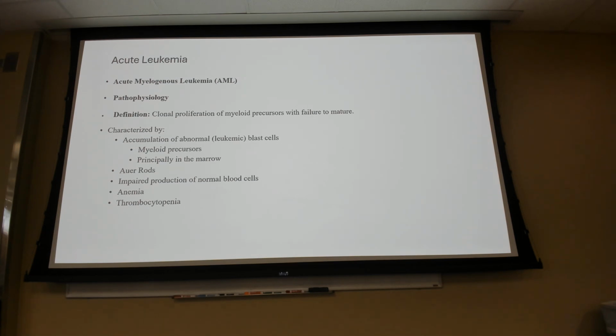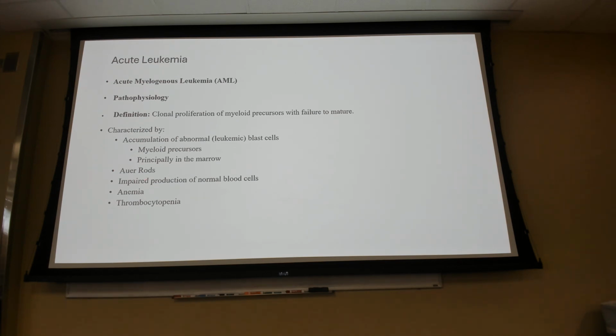Some poor lab tech is going to sit there staring in his microscope, do his differential, and note these inclusion bodies. And when you get your differential back, it's going to say 1 plus, 2 plus, whatever, Auer rods noted. If you see Auer rods, that's pathognomonic.